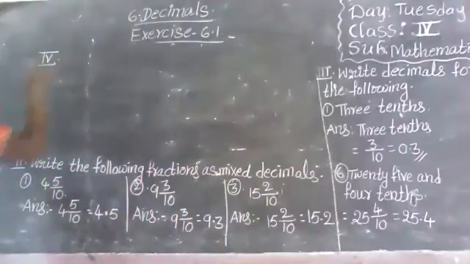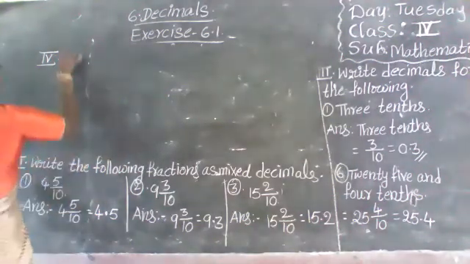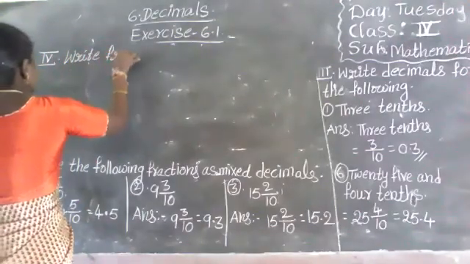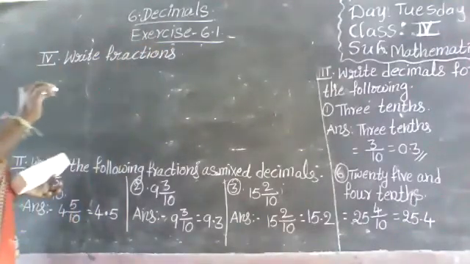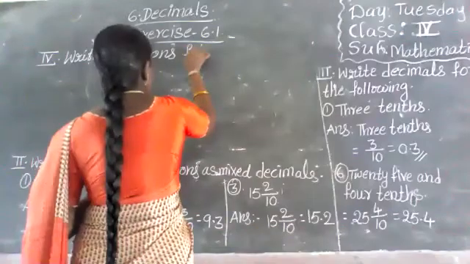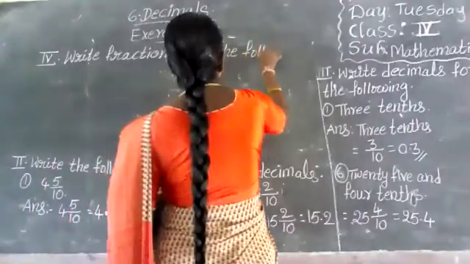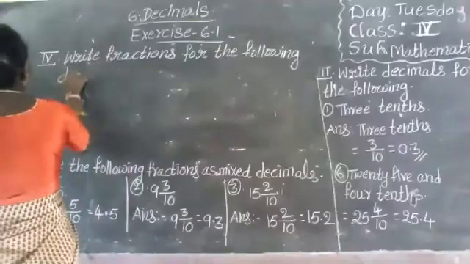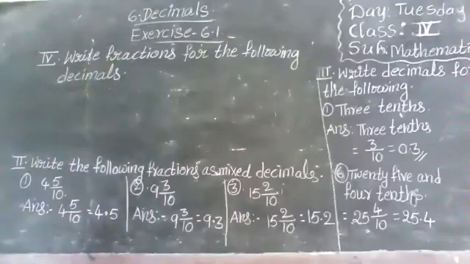Fourth bit. What is that bit? Write fractions for the following decimals. Here the first one is 0.5.